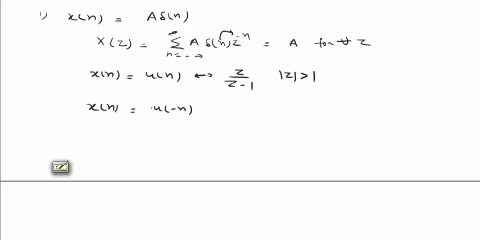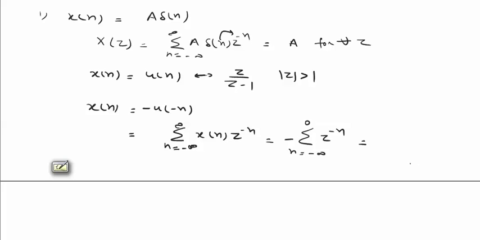For u of minus n minus 1, now I can't directly write because it is not standard. So I have to put into the formula x n, with a minus sign, the limit squeezed from minus infinite to 0, z minus n, where n is replaced with minus n, z n.